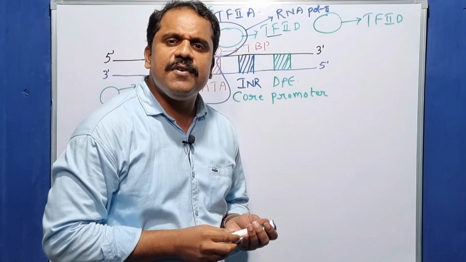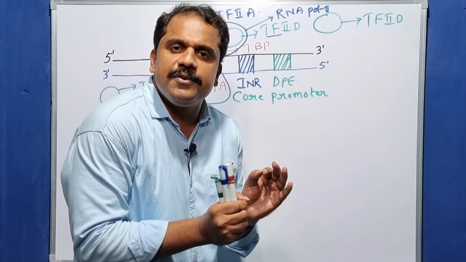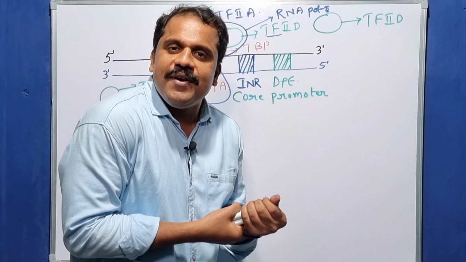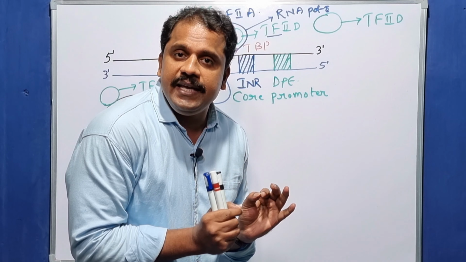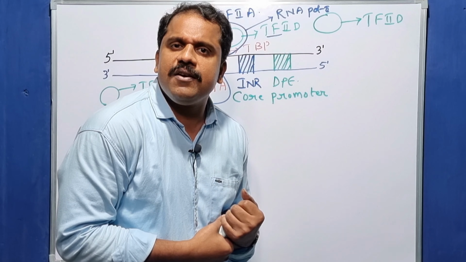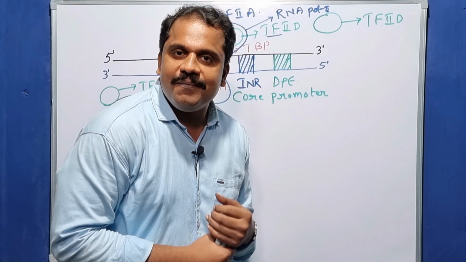So by taking advantage of TF2F, the RNA polymerase II successfully recruits to the promoter region. Once the RNA polymerase II successfully recruits to the promoter region by taking advantage of TF2F, under such condition it leads to the formation of a specific complex, and that specific complex is nothing but the closed complex.